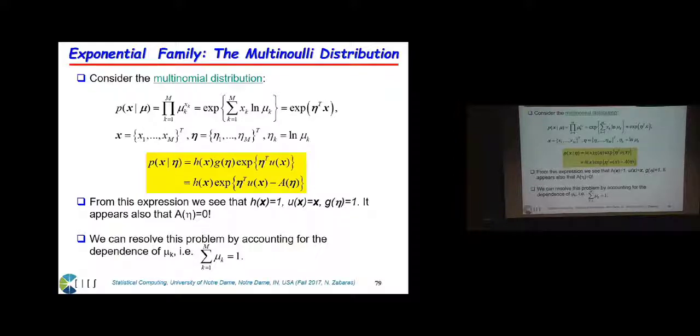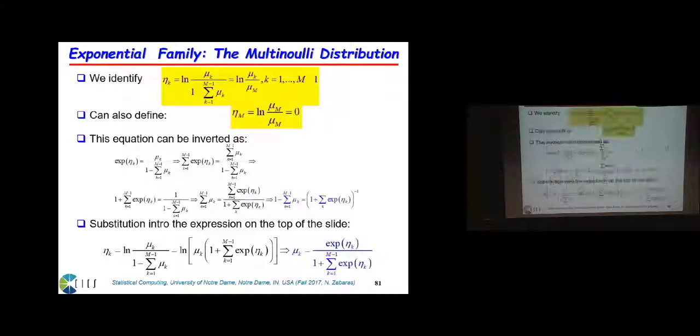What is wrong is that these parameters mu, from mu 1 to mu M, are not independent. They have to satisfy that the sum has to be equal to 1. So what you need to do is, in this expansion, get rid of the last term, mu subscript capital M, and write this in terms of a summation from k equals 1 to M minus 1.